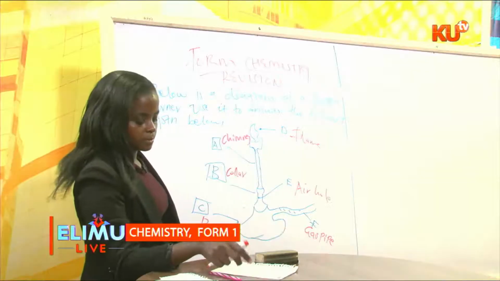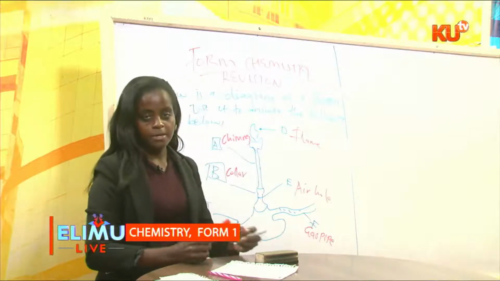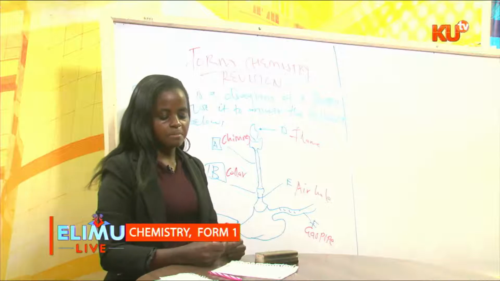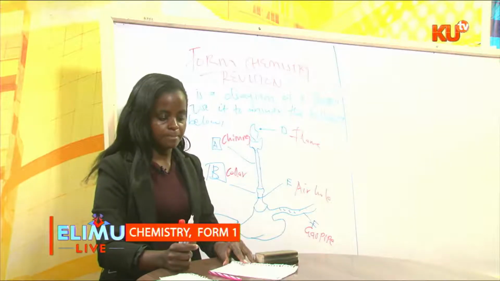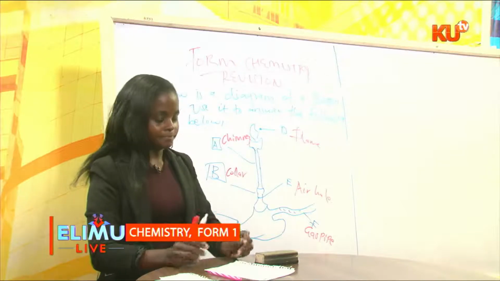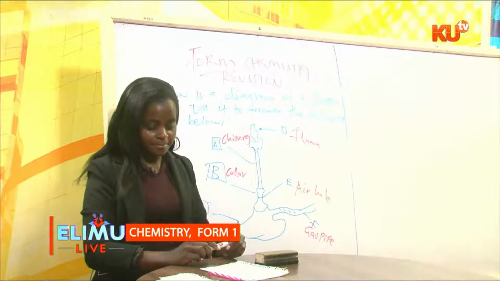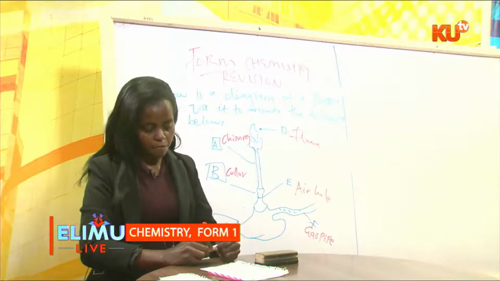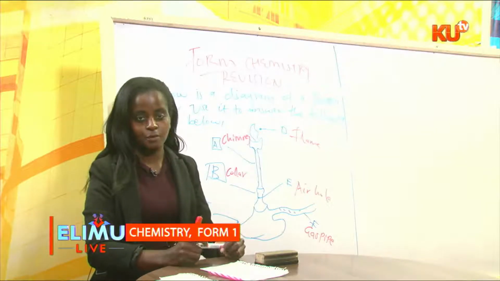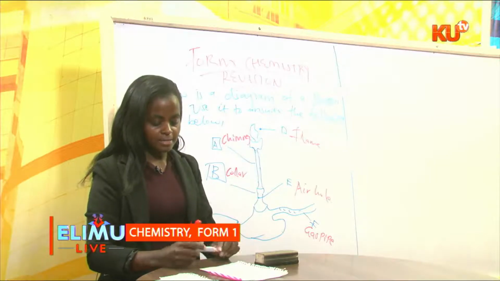Then you can also be asked a question, what is a flame? It doesn't have to be naming parts of the Bunsen burner. You say a flame is a mass of burning gases.